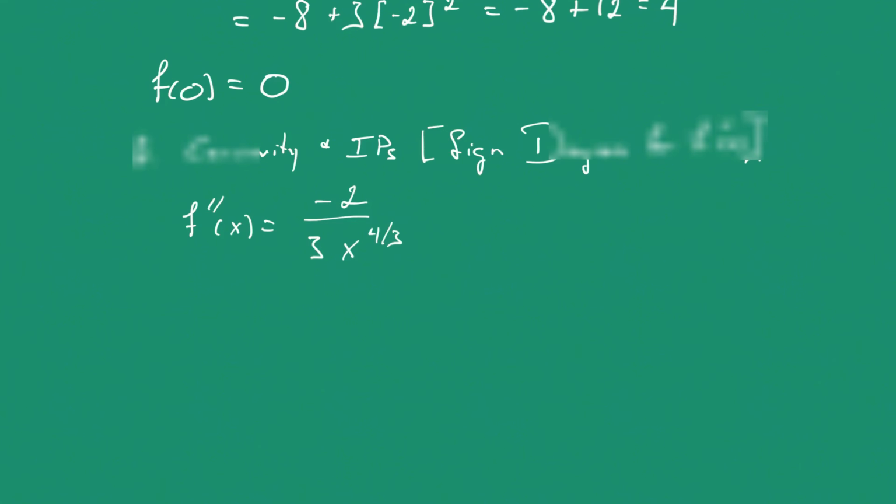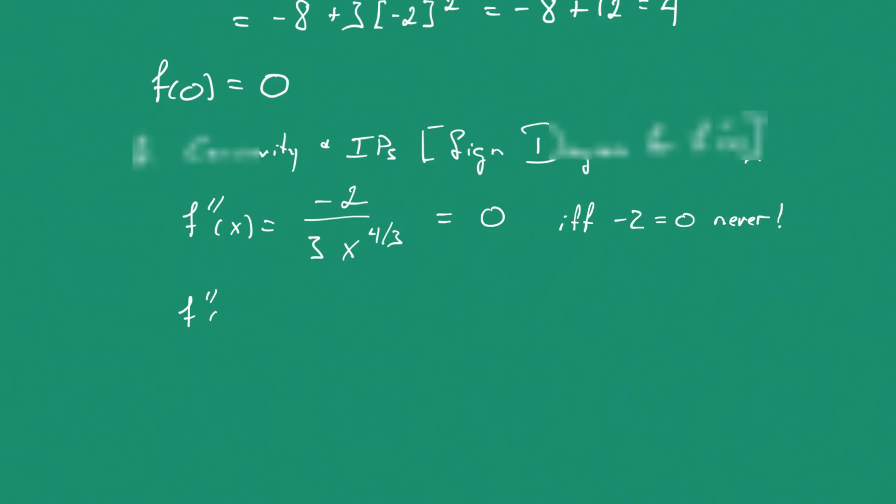And, well, when is that going to equal 0? Well, the only time that it could equal 0 is if the numerator is 0. So that could happen if and only if minus 2 is 0, which of course is never. All right, so f prime prime of x is never equal to 0.